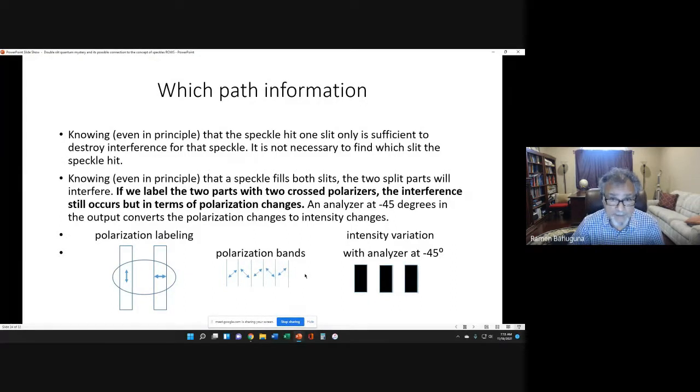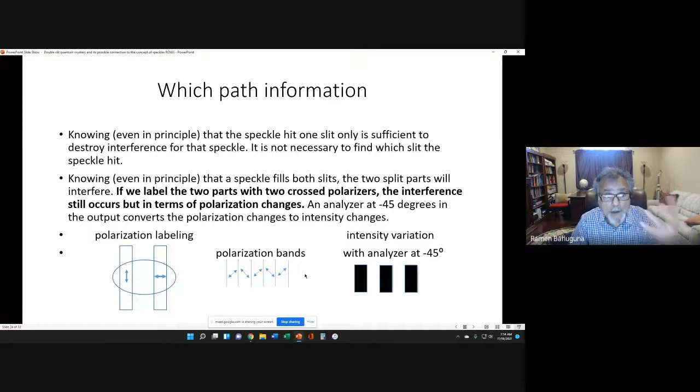But if I replace the single photon with a single speckle, then we can say the same thing: knowing even in principle that the speckle hit one slit is sufficient to destroy the interference for that particular speckle. It is not necessary to find which particular slit the speckle hit.